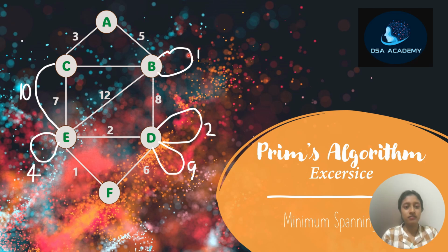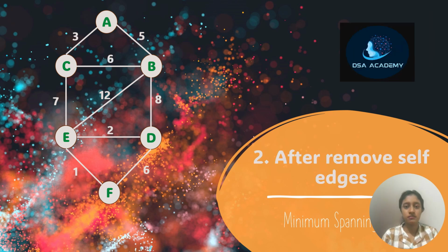Then now let's remove self-loops. In this graph, after removing self-loops, we had a self-loop, we had two self-loops, and we also had a self-loop.